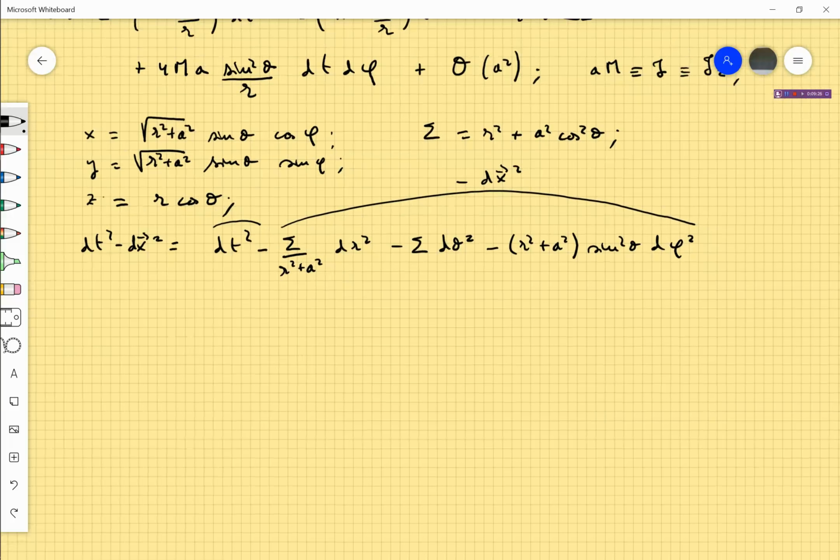The next step, following Minkowski, would be to rewrite this in the following form. It is exactly the same metric, but you write these terms combining dt and d phi. And this term is minus a squared sine squared theta d phi squared. Then there are two terms which are identical to the ones we have here.